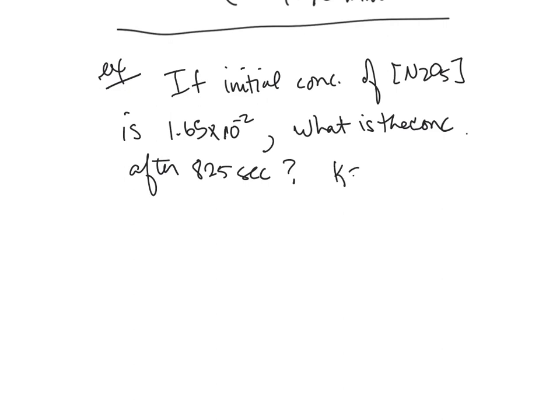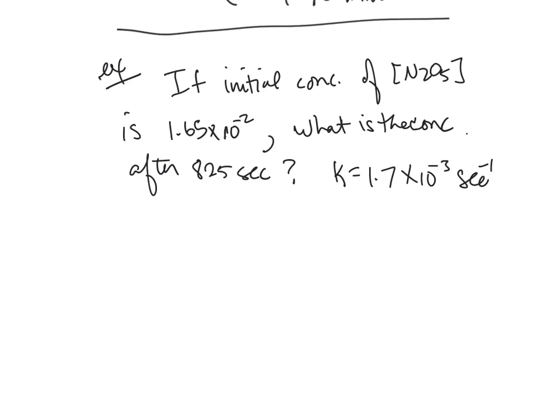And also it's the same k, 1.7 times 10 to the minus 3 seconds to the minus 1. So it's the same reaction, the N2O5 reaction at the same temperature. So the rate constant k is the same.